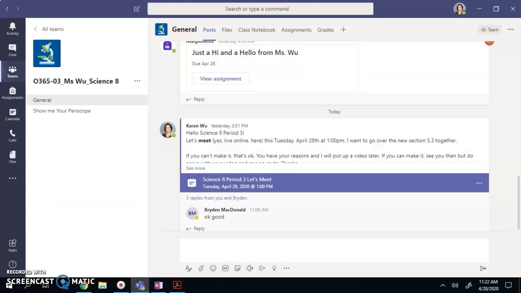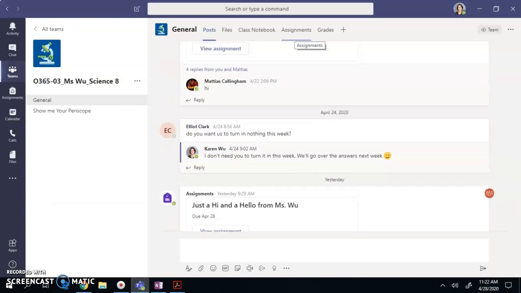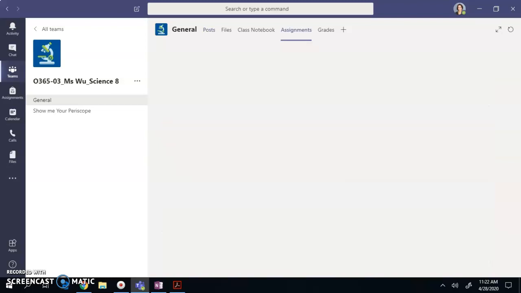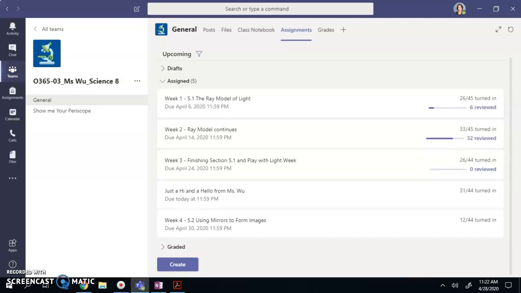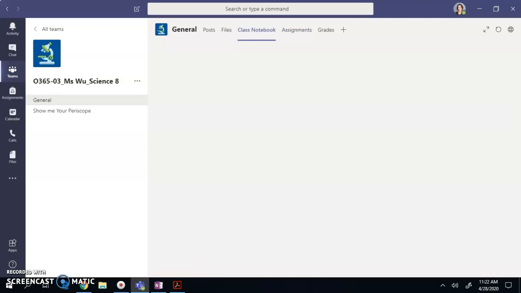Now, just a reminder about Teams, when you check out Teams, click in the assignment tab up top. Okay. Now, I'm sure that yours looks a little bit different from my view. Right, it lists week 1, 2, 3, 4, etc., and the assignments that I have given you. Now, from my perspective, I can see who has handed in work, who has looked at the work. So yeah, it is a little bit different. Also want to remind you from here that you can go to your class notebook. Right?